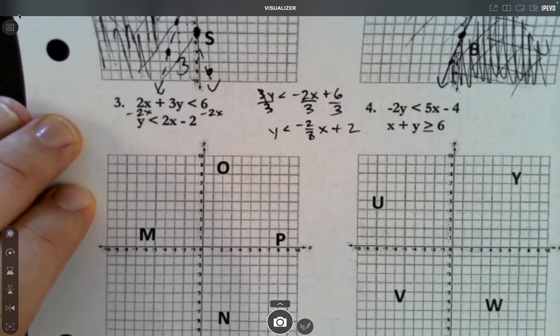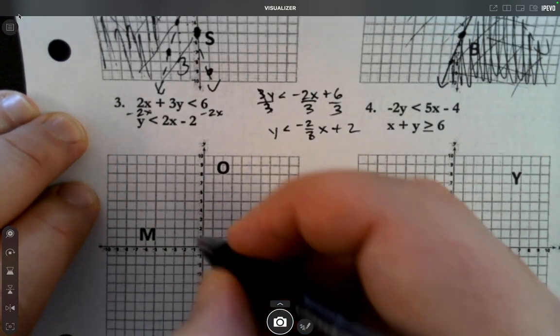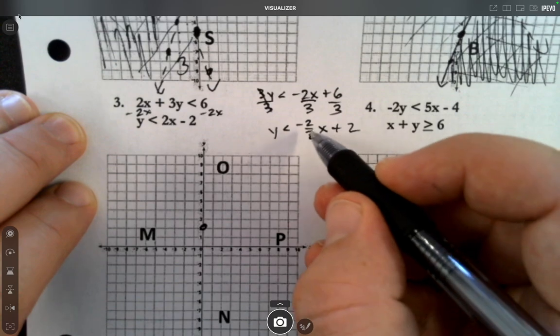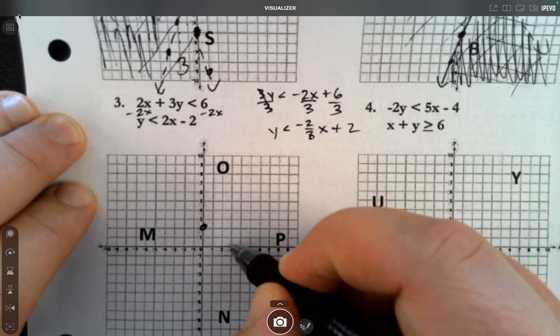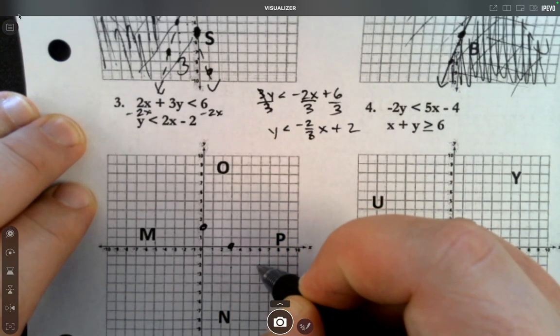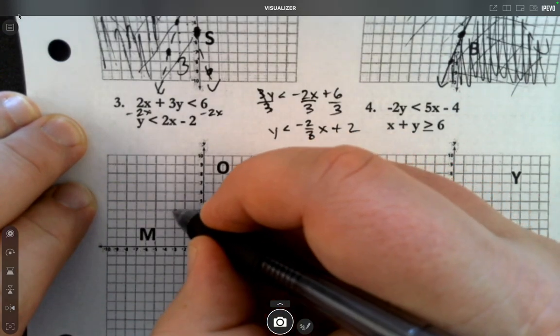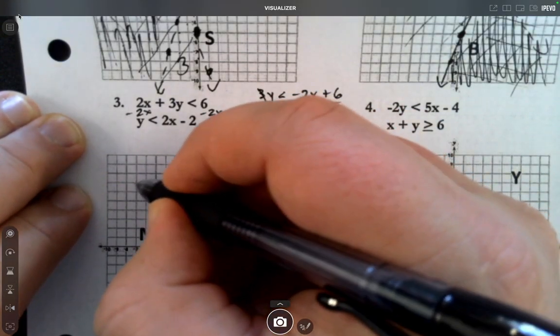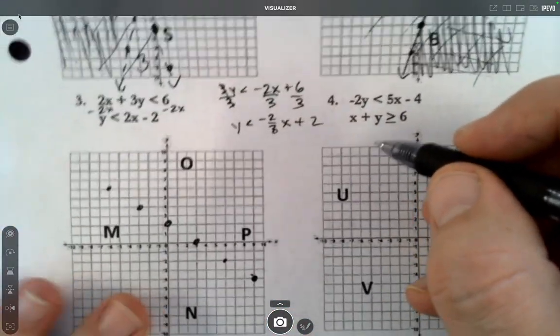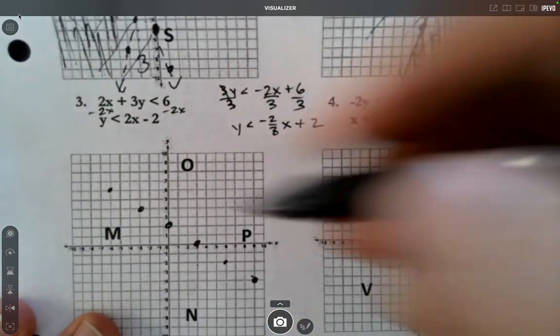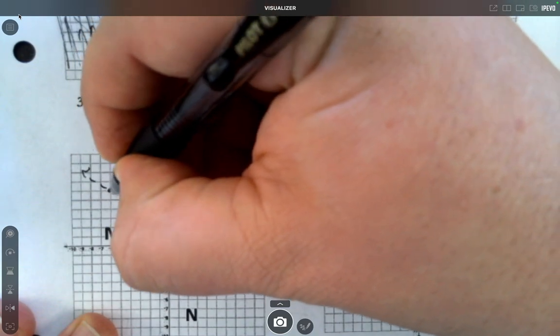So I'll go ahead and graph that one first. The y-intercept is +2. The slope is -2/3, so I go down 2 over 3, down 2 over 3. I go up 2 left 3, up 2 left 3. And this will be dotted because it does not have an or equal to part.